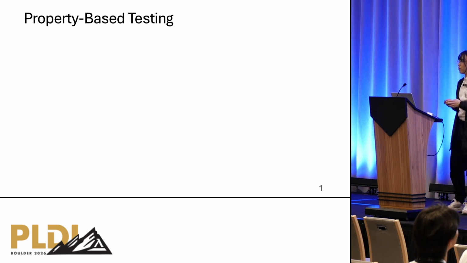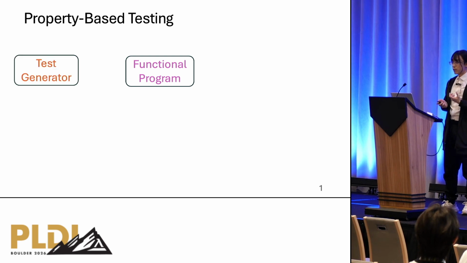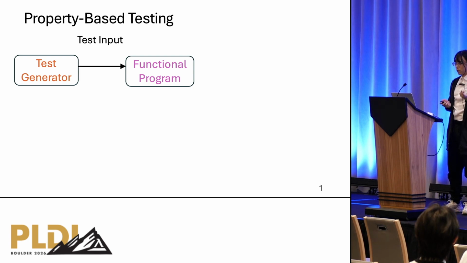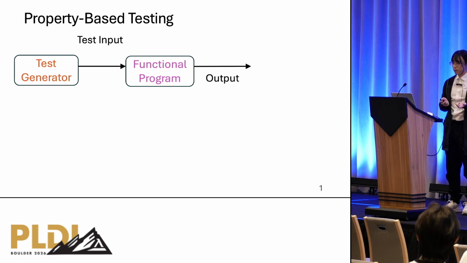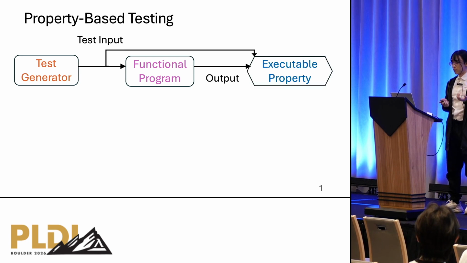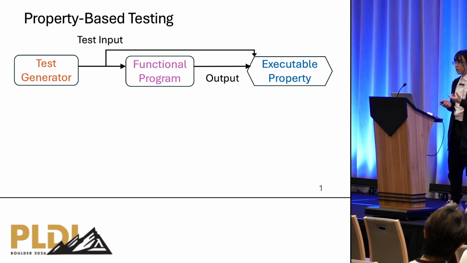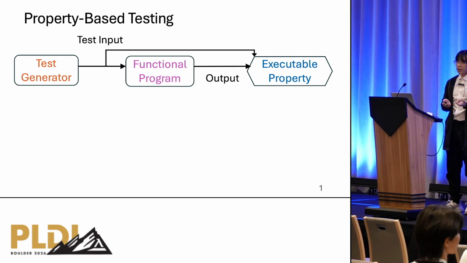Let me first give you some basic intuition. Assume that you want to test a functional program, but you don't want to write the unit tests manually. So you can take a test generator, generate test inputs for you, execute the program, get outputs, and then combine both into what is called the executable property, which defines what it means for the program to be functionally correct.